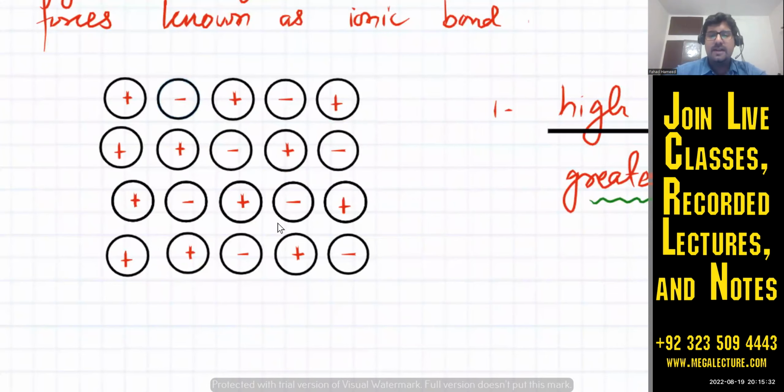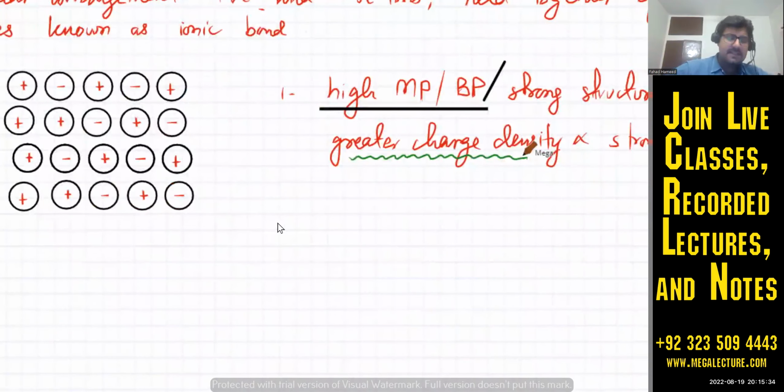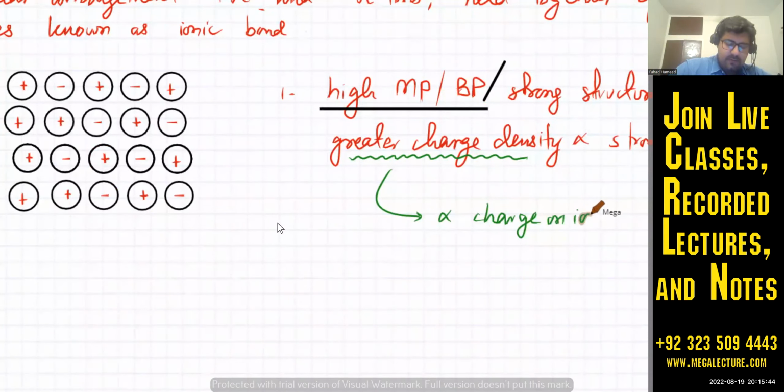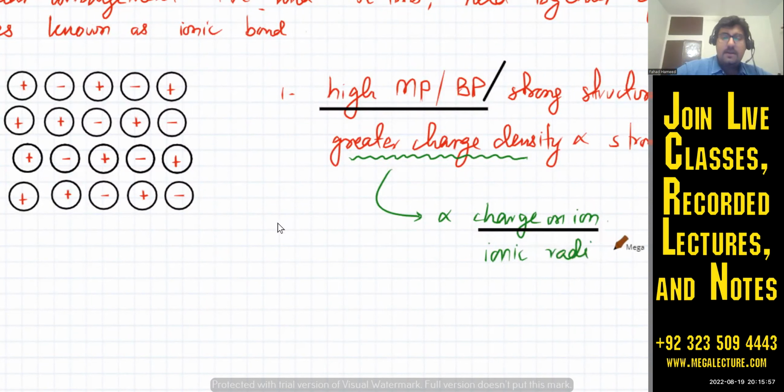So charge density is proportional to the charge: the greater the charge on the ion, the stronger would be the lattice, and it's inversely proportional to the size of the ion, or the ionic radius.